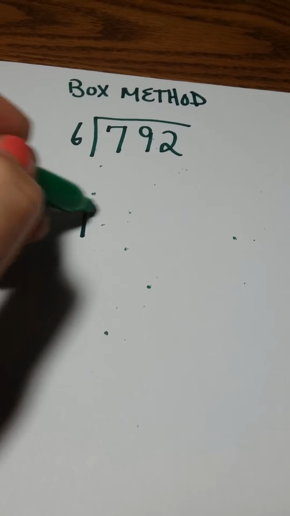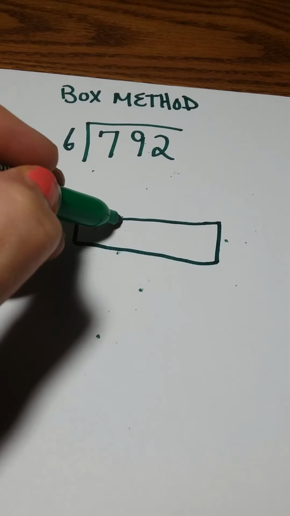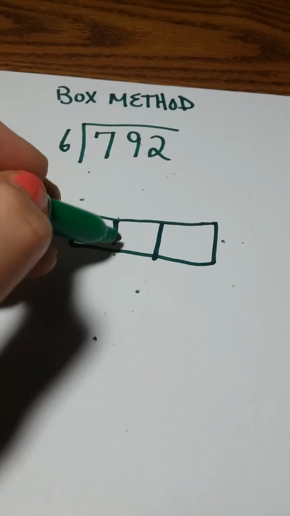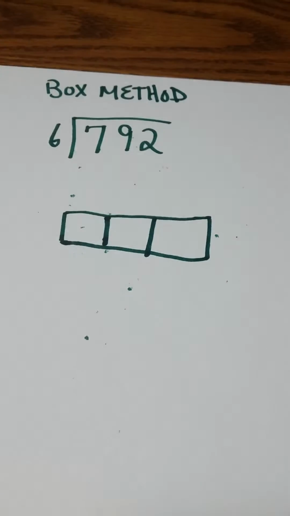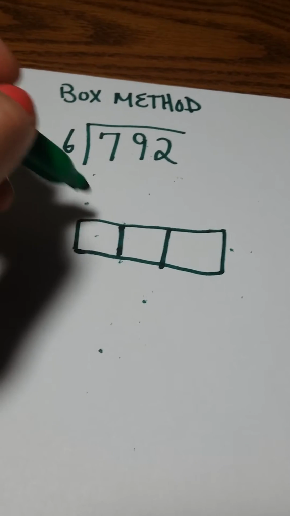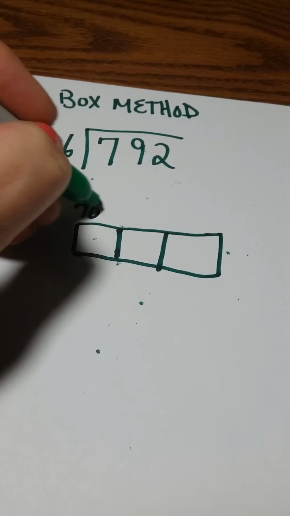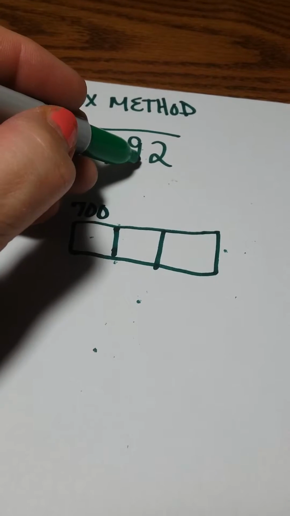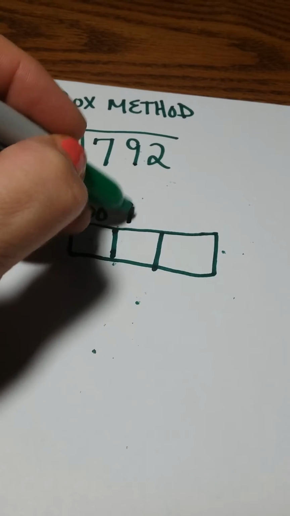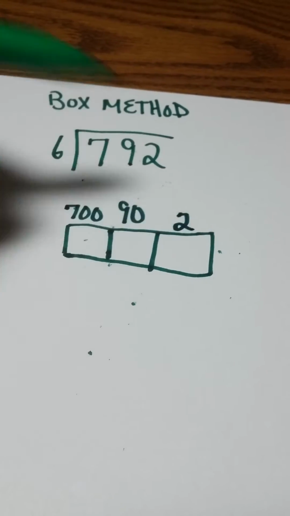Because we're going to take the 792 and use each place value as a box. And we're going to write 792 in expanded form. You know how to do that. 7 is 700. 9 is in the tens column, so that must be 90. And 2 is 2 ones.